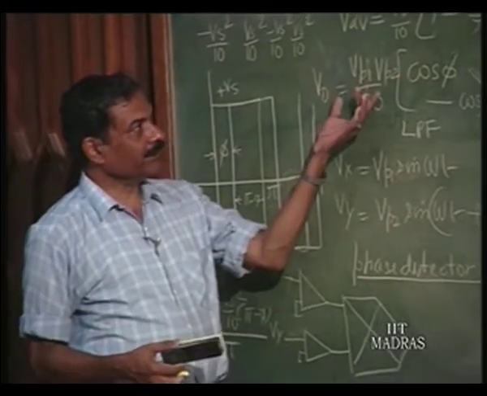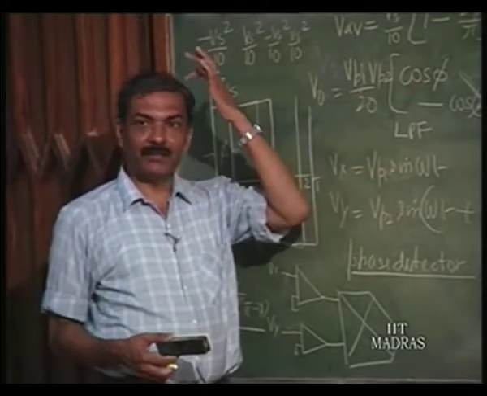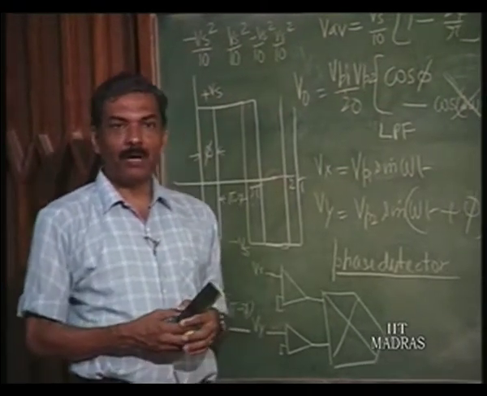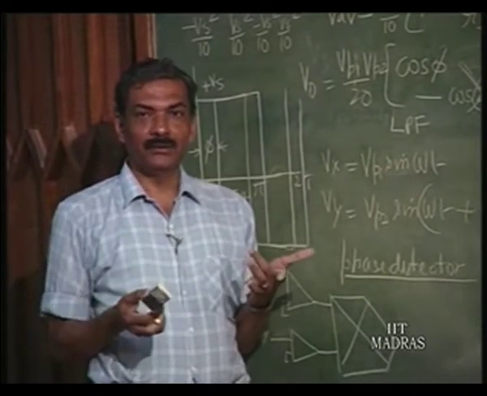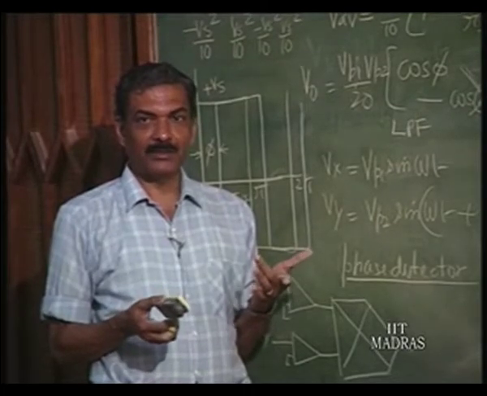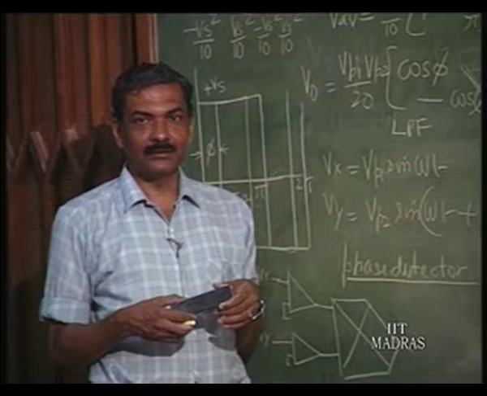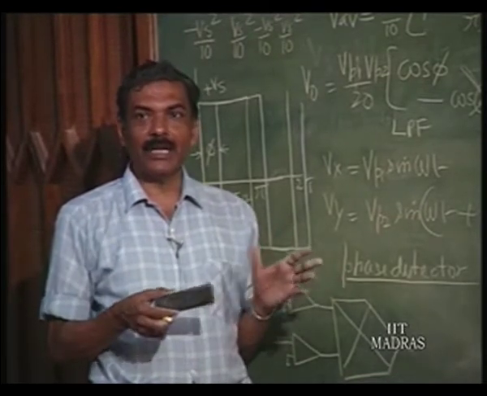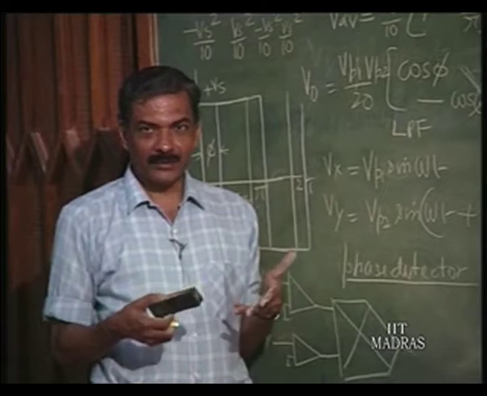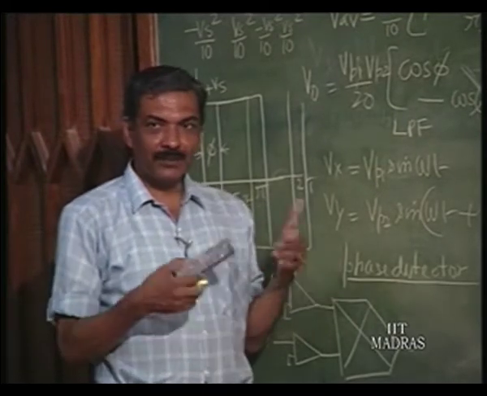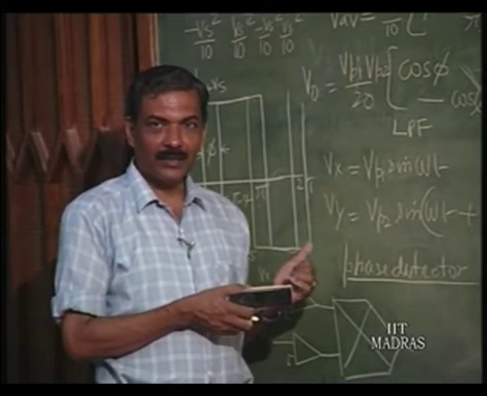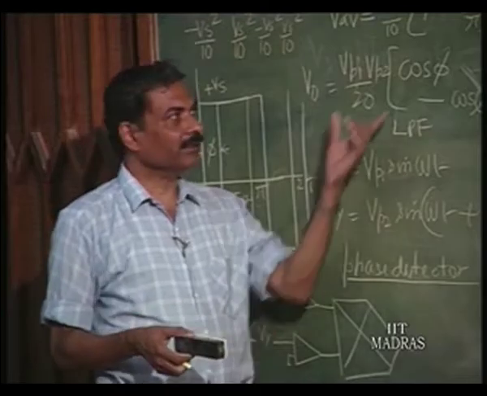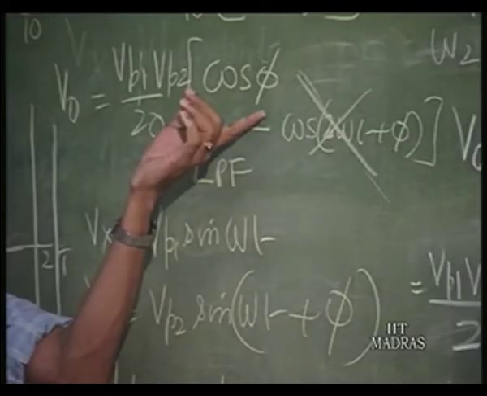Here the point that it is proportional to cos phi can be exploited for power measurement. If Vx is proportional to line voltage, that means you put a voltage transformer there, and Vy is proportional to line current, you put a current transformer. The outputs of the voltage transformer and current transformer you apply directly to the multiplier, and you put a low pass filter, you will get the power factor directly. The output voltage will indicate the power factor.